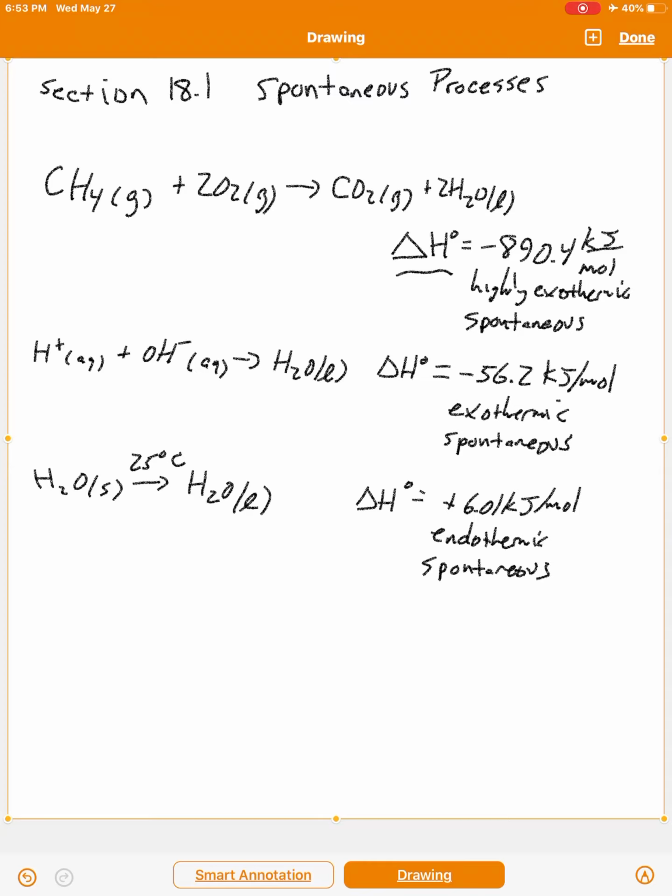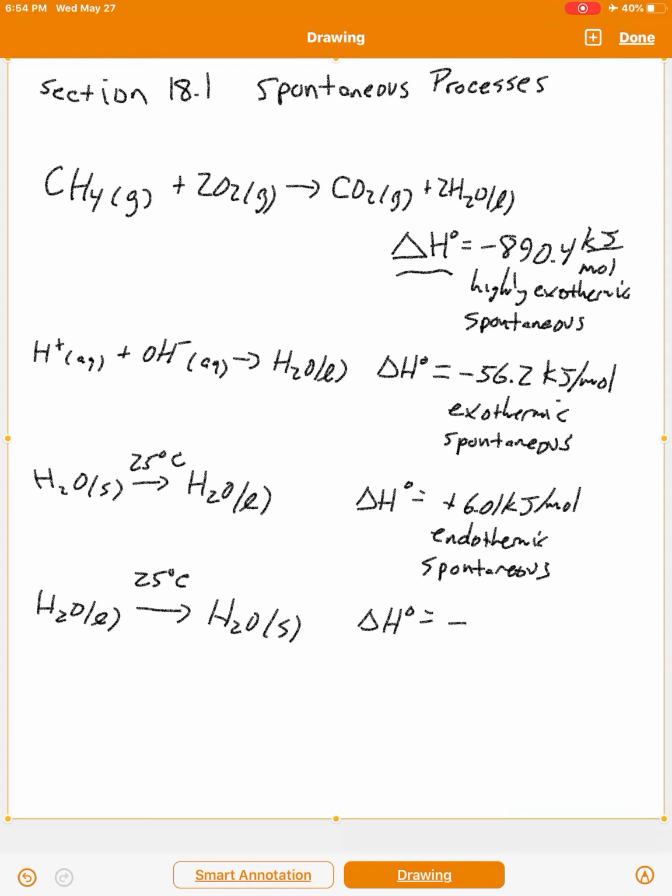Furthermore, suppose we do this. Suppose we take liquid water and try to freeze it. If the temperature is at 25 degrees C, what would delta H be? If you think about it, this is the reverse of the equation I just wrote up above.